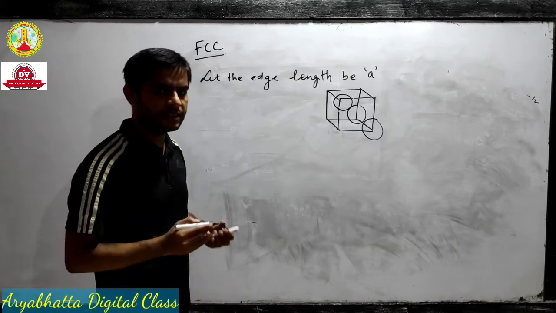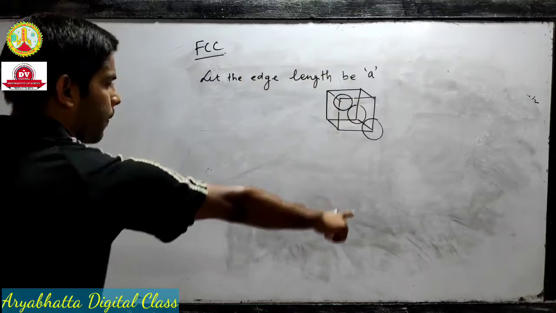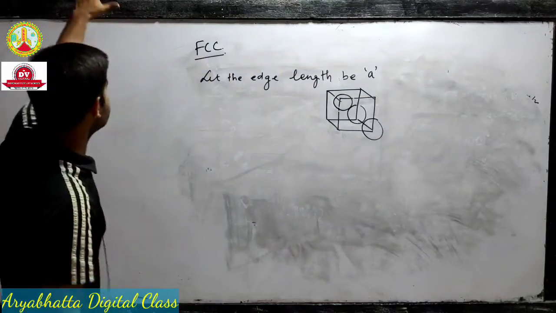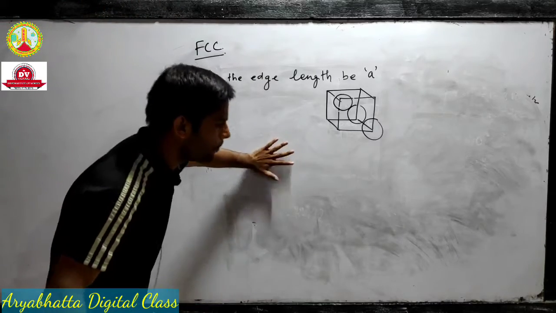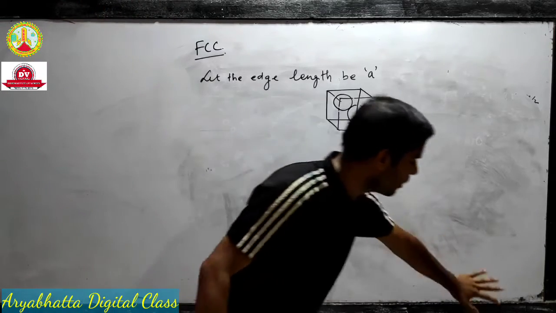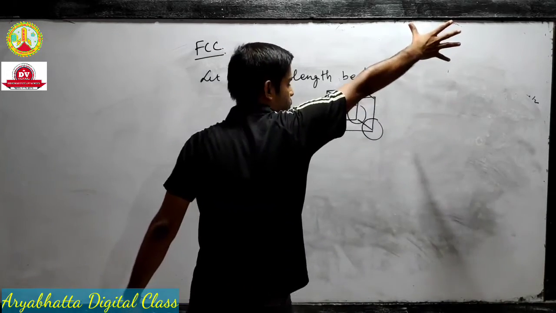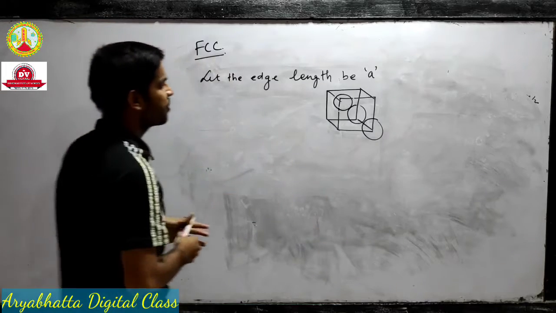It's a face centered cubic lattice. So just imagine this board as a wall. There is an atom at the corner, an atom at the middle of the wall, and an atom at the last corner again. In this corner there is also an atom, in this corner there is also an atom.